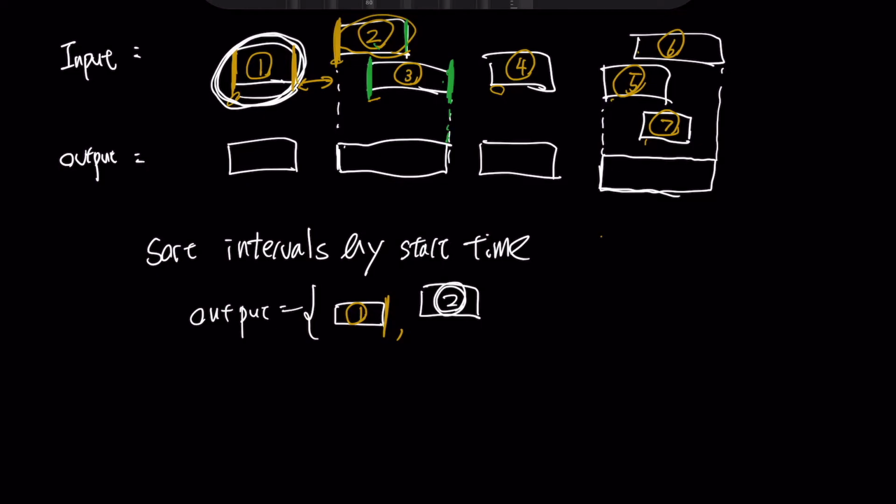And when I'm looking at number 3, current 2's end is actually more than 3's beginning, which is here. I'm like, now I detect overlap.